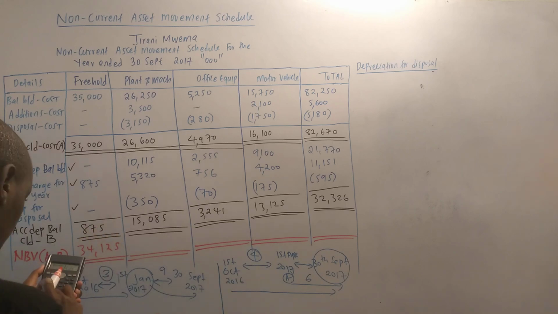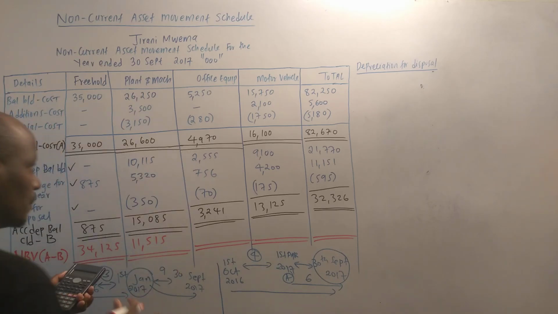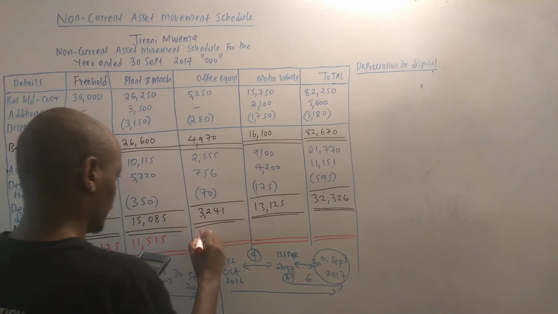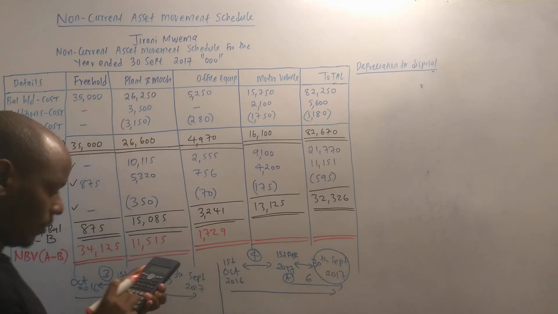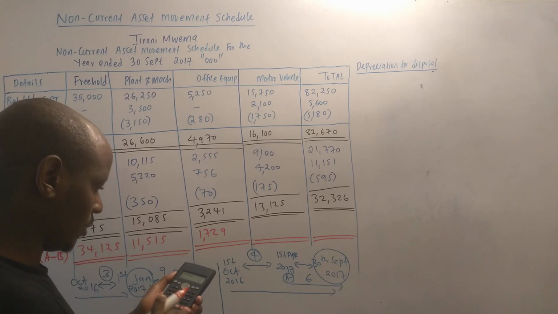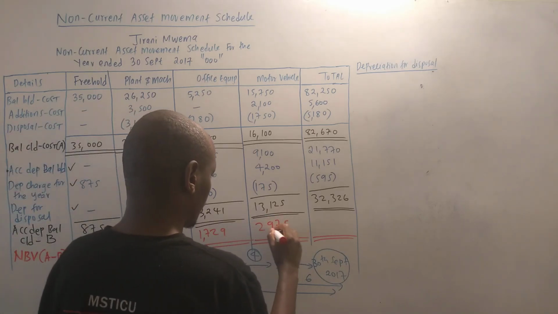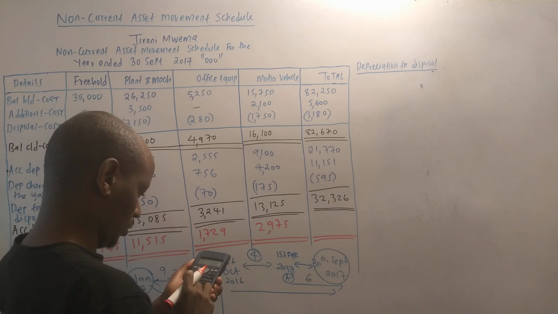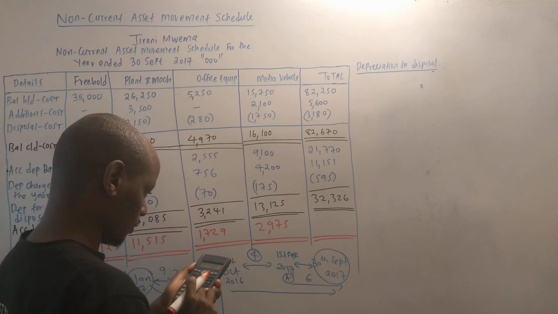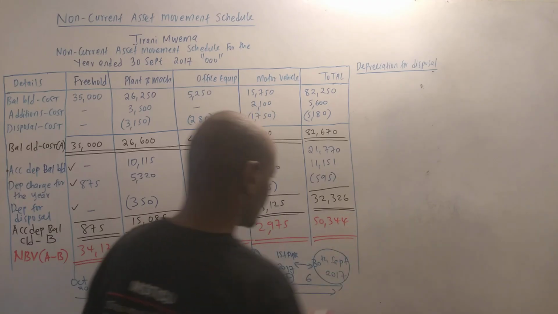Then 26,600 minus 15,085 is 11,515. Then 4,970 minus 3,241 is 1,729. Then 16,100 minus 13,125 is 2,975. Then 82,670 minus 32,326 is 50,344.